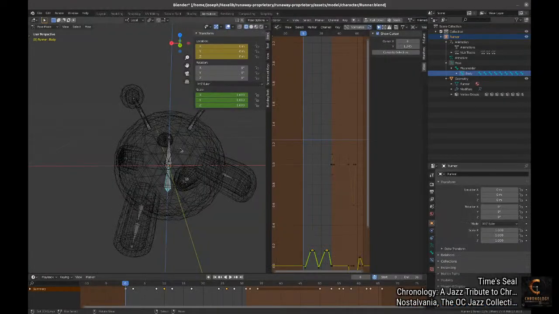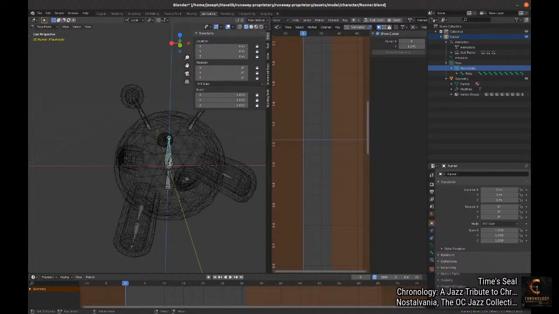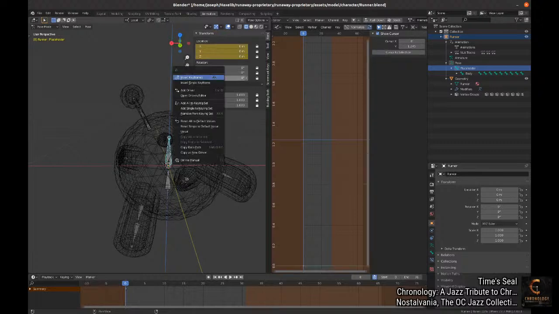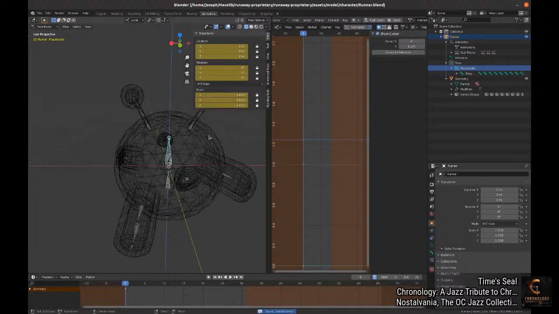Neither is scaled. Let's see if we can get the first to not be rotated.